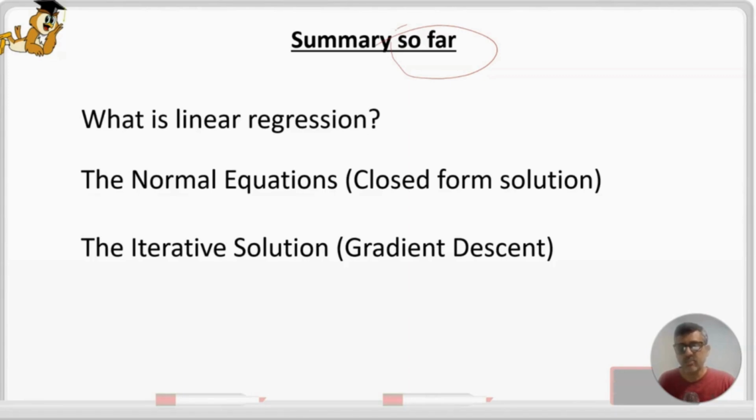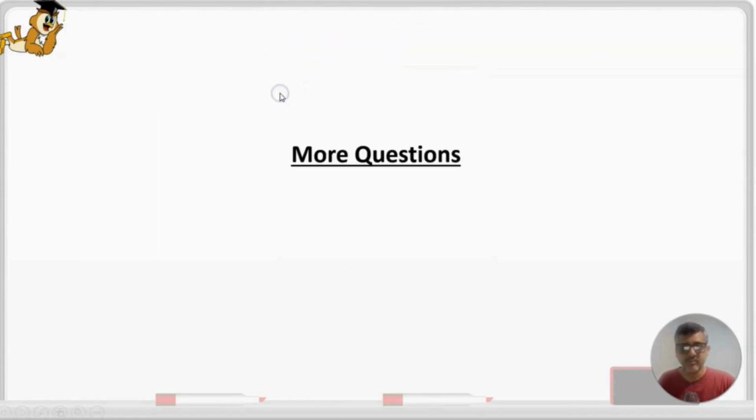These are typically questions that came to my mind when I looked at these ideas for the first time. Maybe you may have these same questions in your mind. If you don't, it's always a good idea to challenge yourselves with these. So this is what I'm going to start doing. Let's move on to the questions.